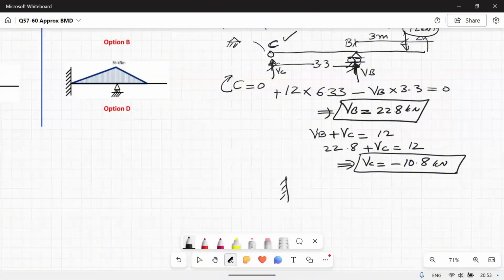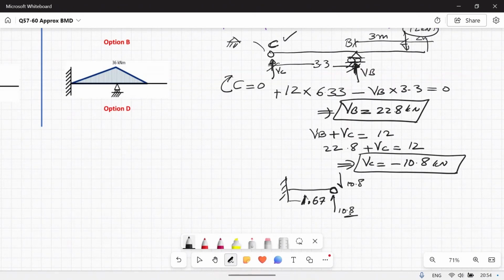So on the right side I have a pin. Minus 10.8 on the right side means a downward force at the pin, as the pin will transfer shear force. So here I will have an upward force of 10.8 on the left side and a downward force on the right side. The distance here is 1.67. If the force here is upwards, then I should have a downward reaction over here, that is 10.8.